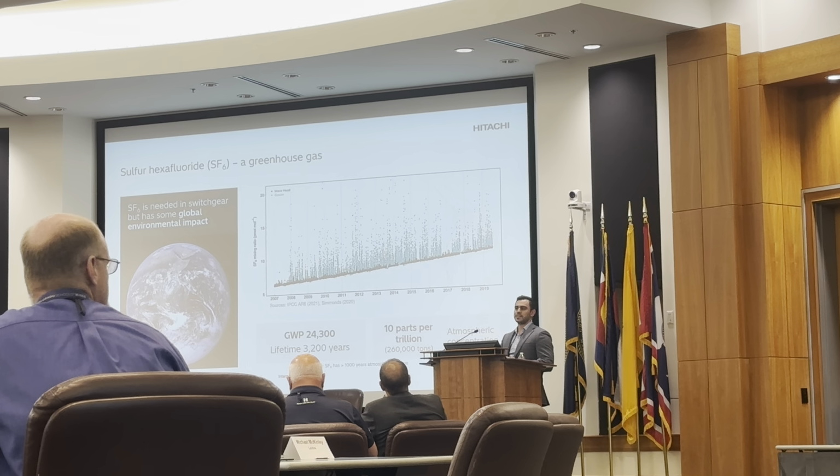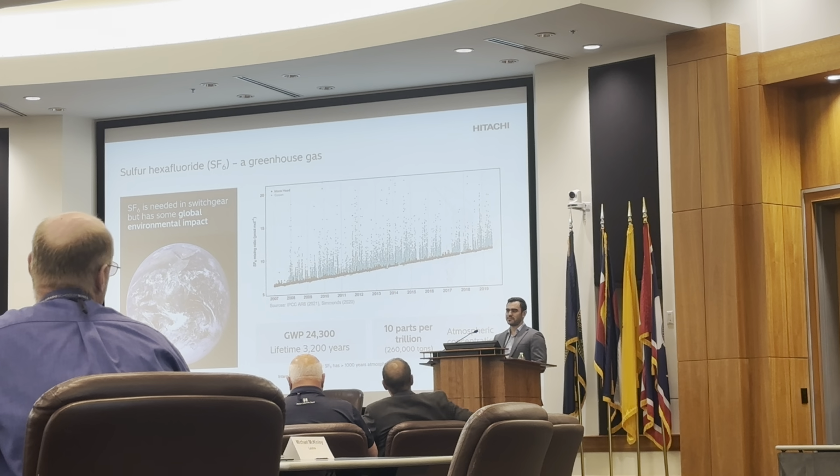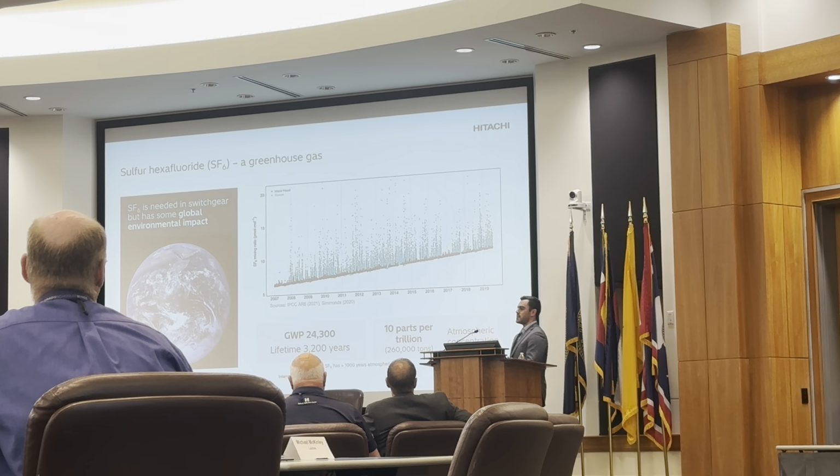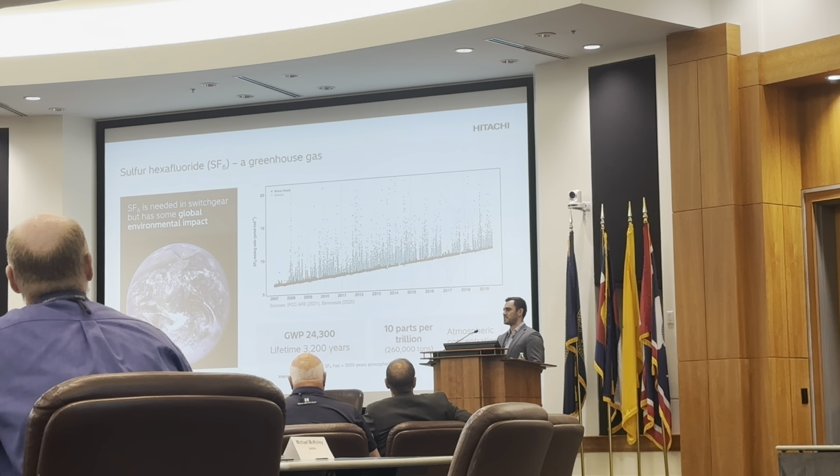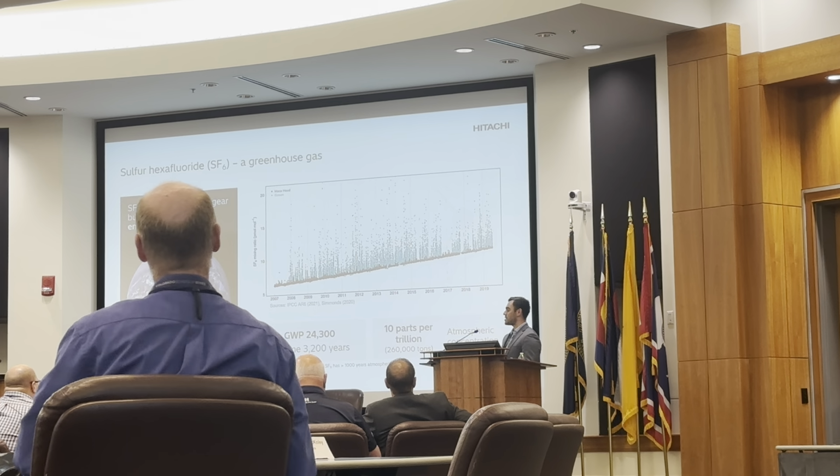So for now that we're going to this trend of what's sustainable, how can we reach this carbon-free grid, right? So we know that SF6 is one of the most important gases in the industry. It is the best gas to use for our circuit breakers. The gas has great arc quenching capabilities.